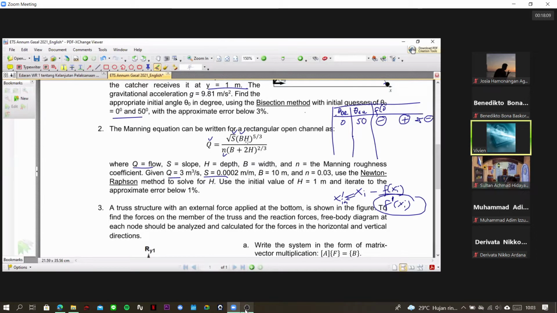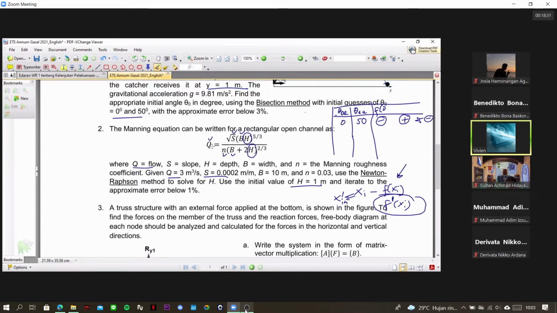And then we want to solve for H. So the unknown is H here. We want to get the unknown which will satisfy this equation. The initial value provided is H equal to 1, and we want to iterate to approximate error below 1%. So the important thing is to get the function here.